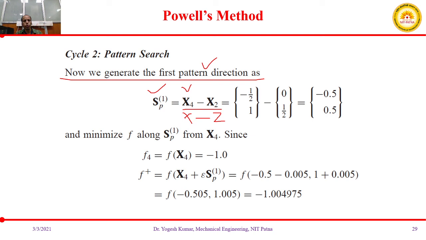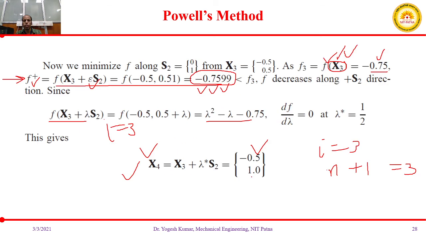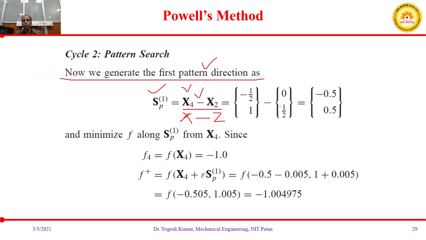You can see the values of your x and z from the loop given above. X4 is minus 1/2, 1, and Z is 0, 1/2. So you have the pattern direction, which is equal to minus 0.5, 0.5.